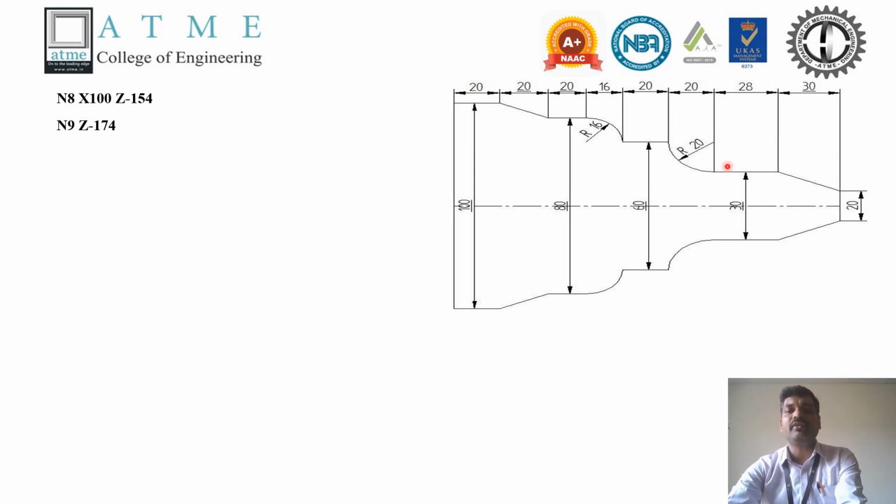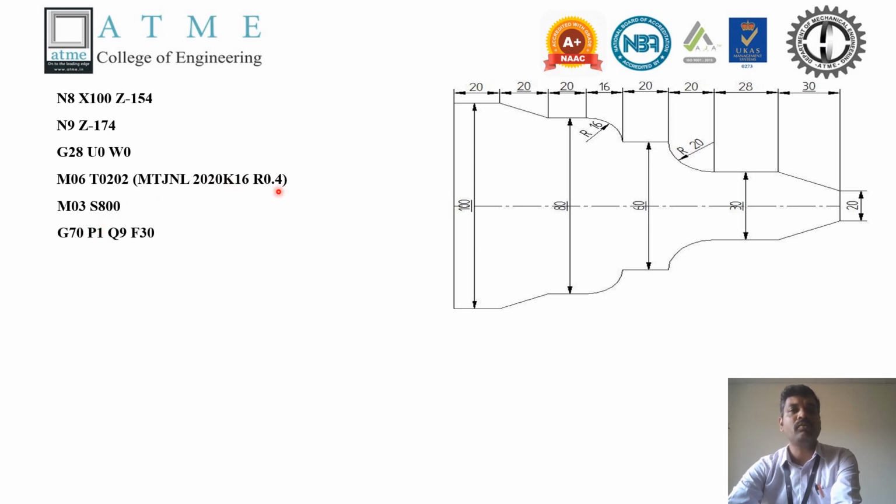for the fine allowances. So once the operation is completed, the tool has to go to the home position, then the tool will be changed to the next tool, the fine turning tool. Once the tool is changed, the spindle will be on in a forward direction with a speed of 800 because it's a fine turning operation.